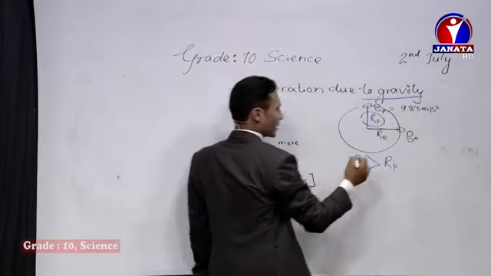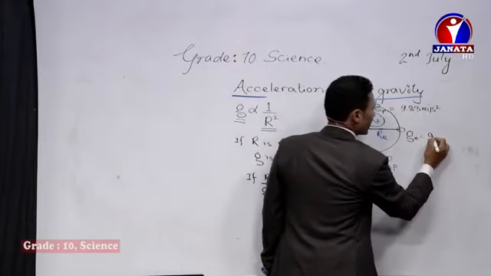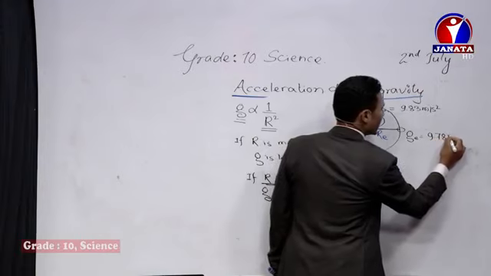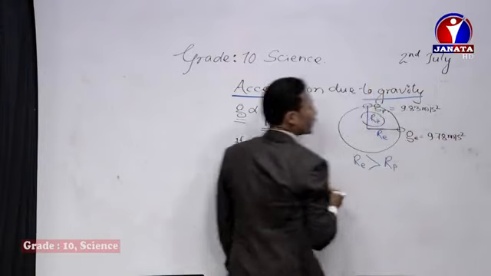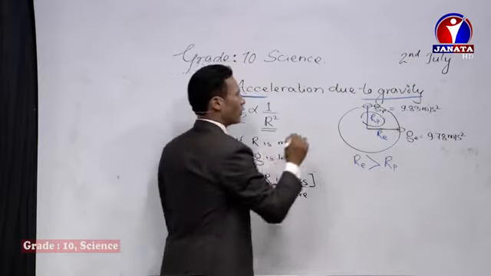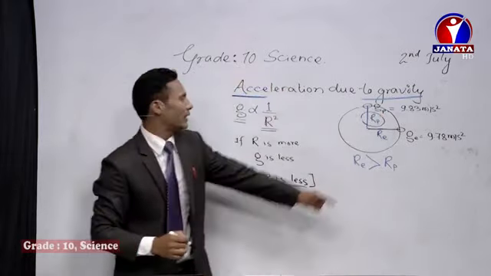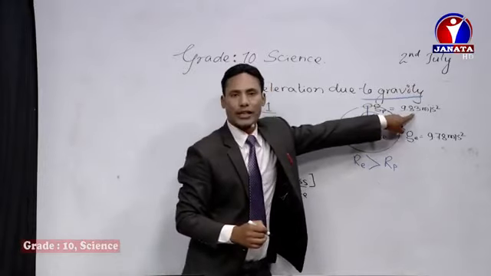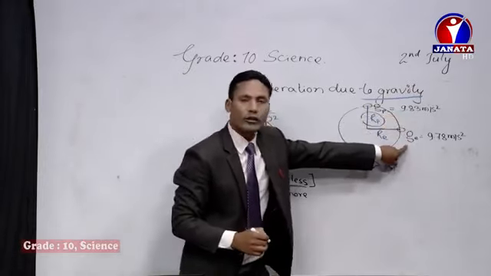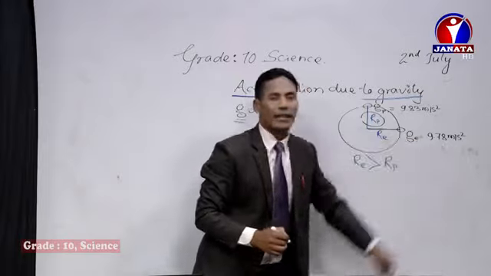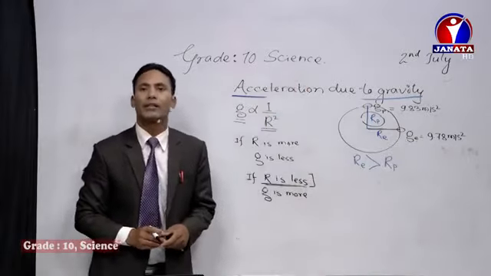And at the equator it is 9.78 meter per second square. So remember this value: the acceleration due to gravity at the polar region is 9.83 meter per second square, whereas in the equatorial region it is 9.78 meter per second square.